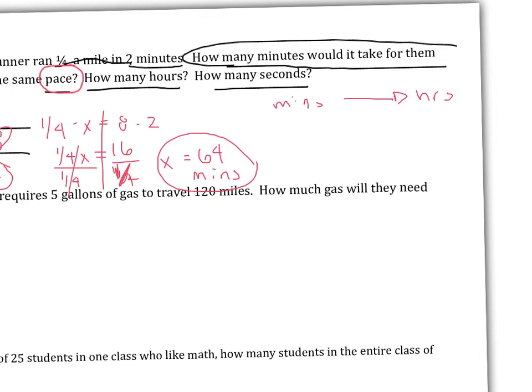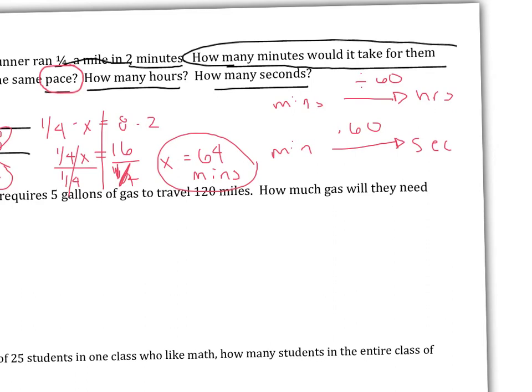So to go from minutes to hours, we're going to need to divide by 60. To go from minutes to seconds, the number of seconds is greater than the number of minutes, so we're going to multiply by 60.